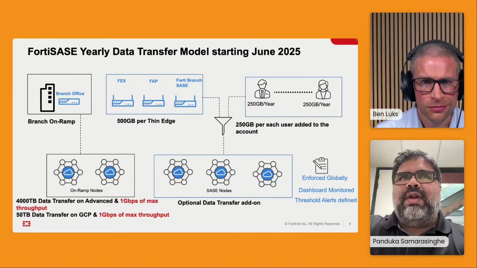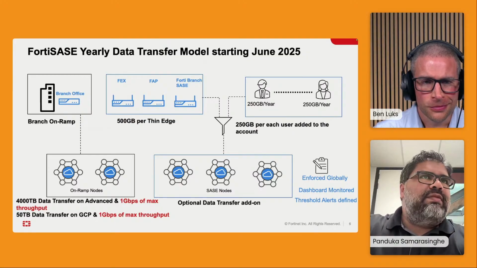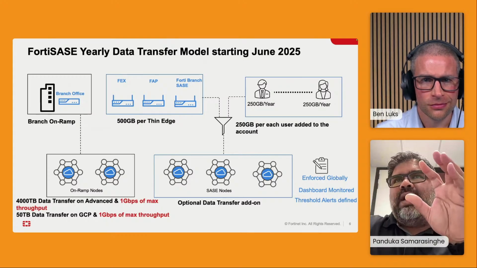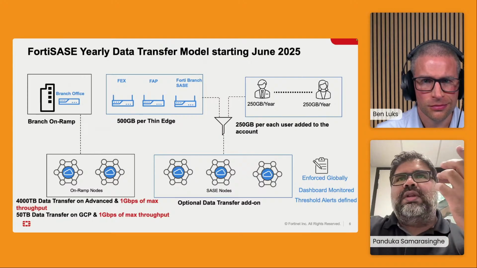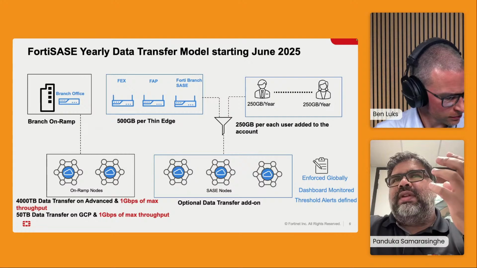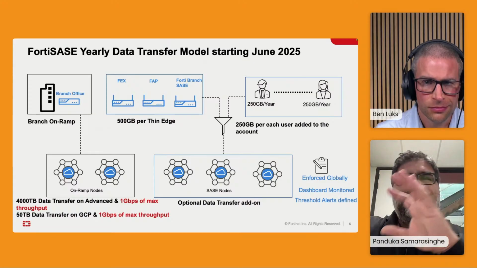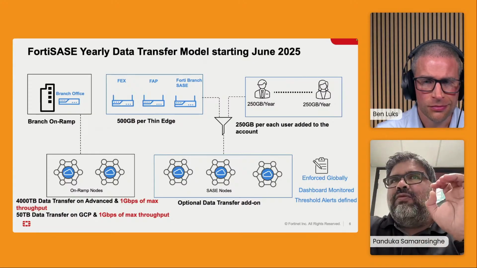This is that pop-up branch or the small moving branch that we were discussing just now. And then the third one is branch on-ramp. So every time you connect as a user, so per user, you get 250 gigabytes of data transfer per year. Right? This is the only way we are limiting it. There is not going to be any bandwidth limit for a user.